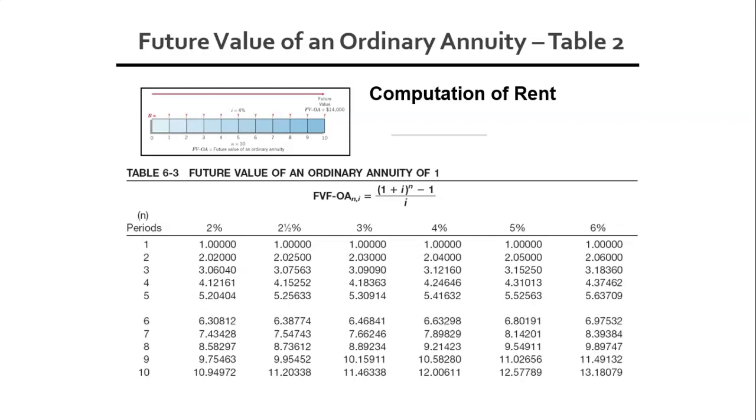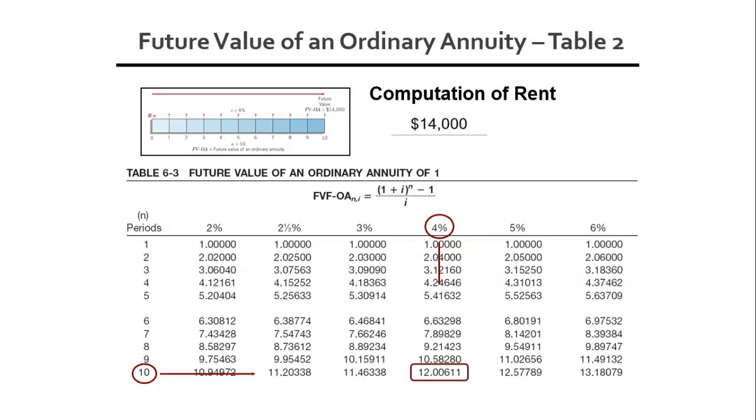Okay, so here we are in table 2, and we have 4%, so we're going to go down the 4% column, and we have 10 periods. So where they come together is 12.00611. Okay, and so we have FV equals R times 12.00611.